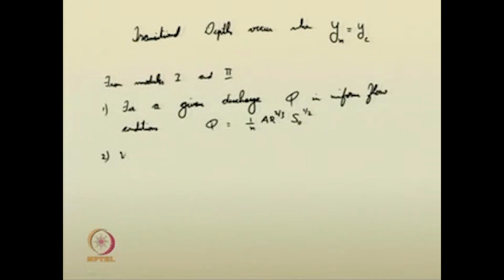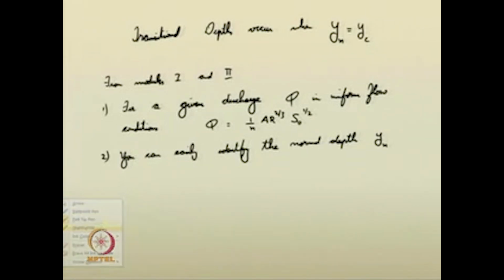You can easily identify the normal depth y n from this equation. Say if a steady discharge is given to you, some value of Q, based on Manning's equation, you can compute the normal depth y n.